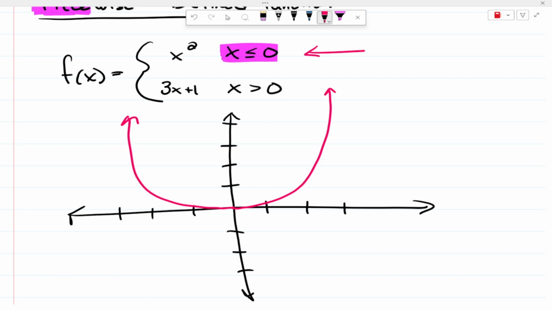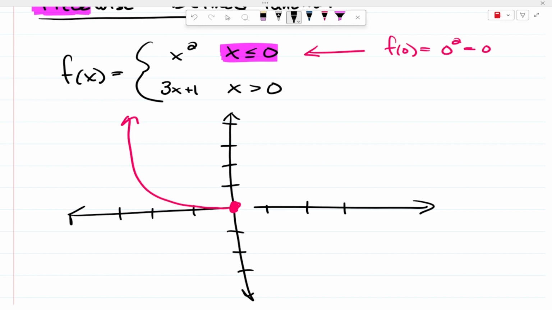I'm going to put a solid dot at the value 0, 0, because when x is 0, 0 to the second equals 0. All right, so that's the first thing. And because I'm only allowed to use values of x that are less than or equal to 0, I'm going to erase the right-hand side of this function.